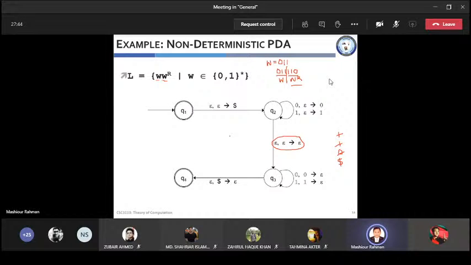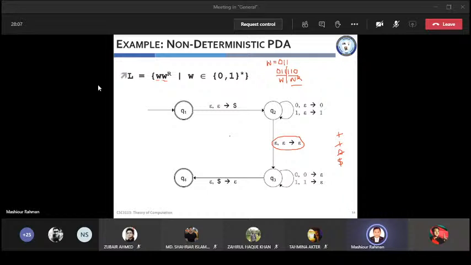So next, the next one is the last topic. Maybe it will take 10 to 15 minutes. Next one is the relationship between PDA and CFG, because as you have seen, PDAs are inherently non-deterministic. To make them deterministic, we must make sure that every path is determined.